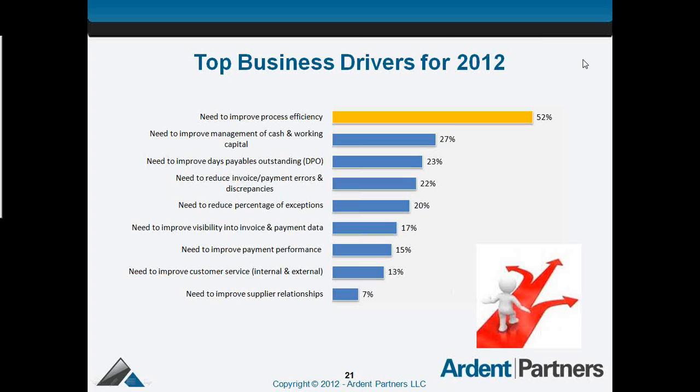And if we look at the third one also, the need to improve DPO, both of these really tell me that the finance and AP professionals that responded to the survey know that they can impact this figure, and it doesn't impact working capital, but they face challenges of their own in terms of being able to get to that point where it's possible.